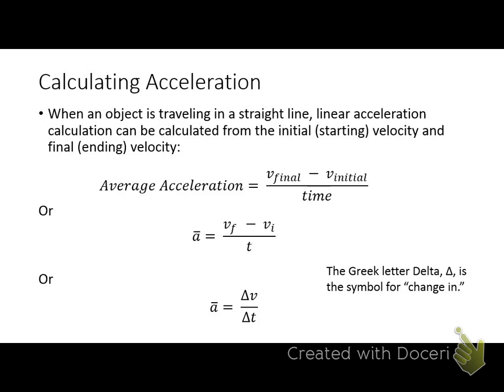Anytime you see this triangle, that triangle is the Greek letter delta, and it means change in. So the way you would read this is change in velocity divided by change in time.